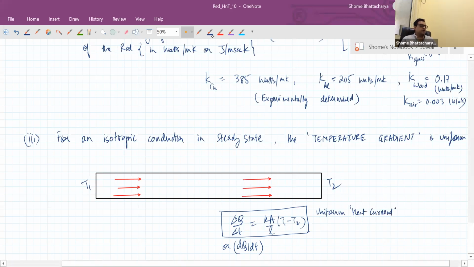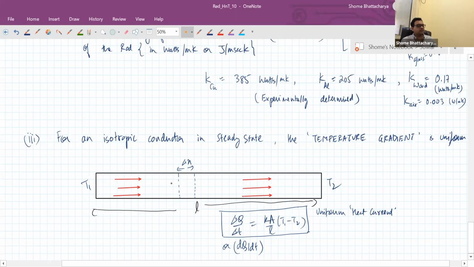Okay. So now within this, if we consider a small section of the rod, which is of length delta x, as opposed to the entire rod, which is of length L.